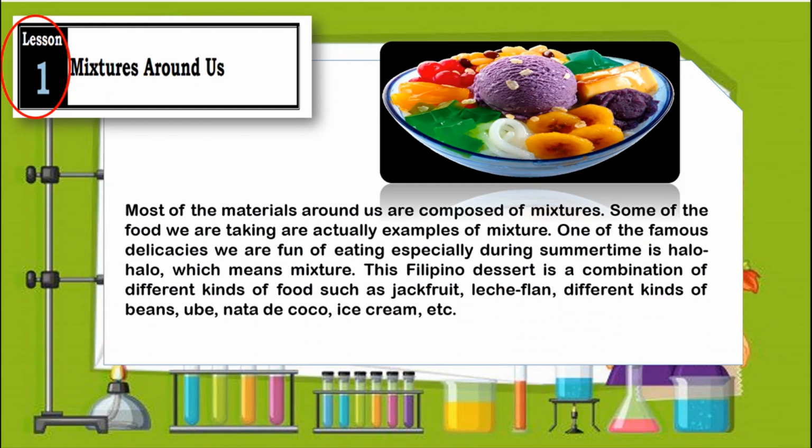In making the halo-halo, most of the materials around us are composed of mixture. Some of the food we are taking are actually examples of mixture. One of the famous delicacies you are fond of eating, especially during summertime, is halo-halo, which means mixture.